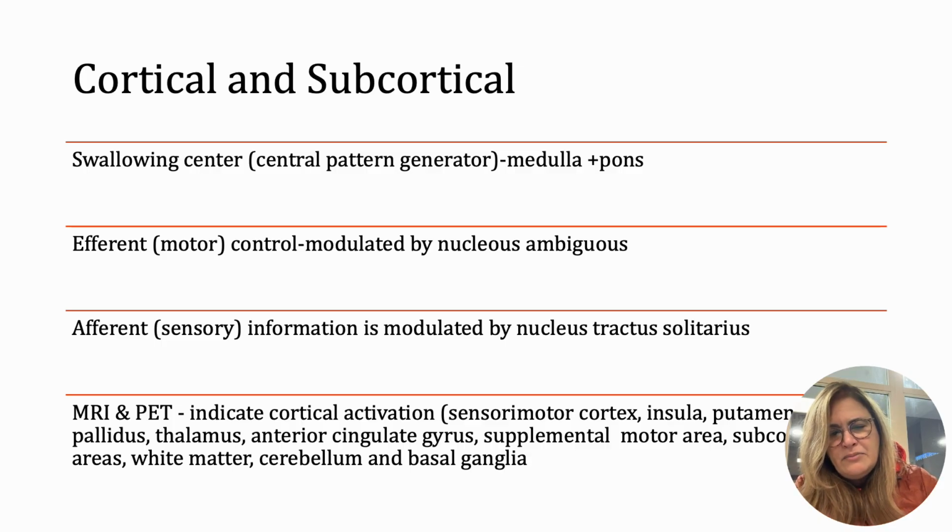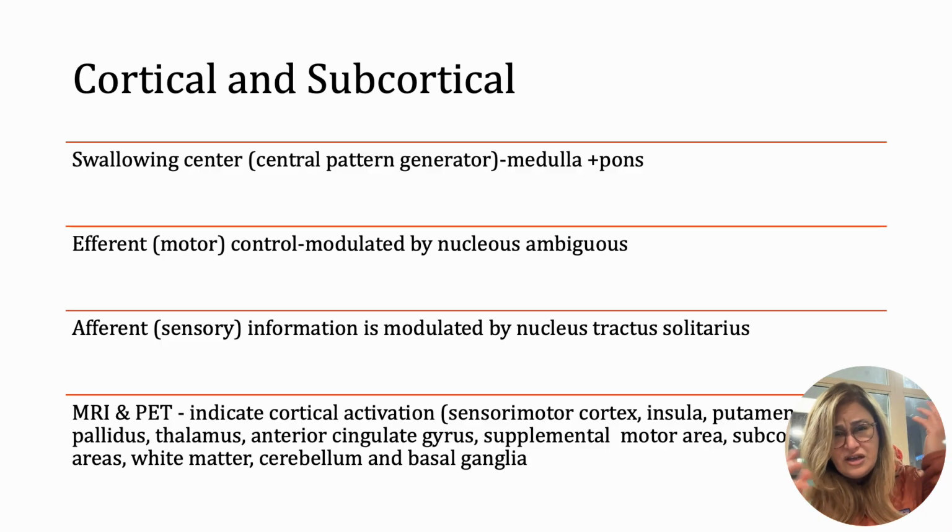We have seen in MRIs and PET scans that all these areas related to cortical innervation or activation are also helping with swallowing. So: sensory motor cortex, insula, putamen, globus pallidus, thalamus. Of course, the thalamus is like the relay center.